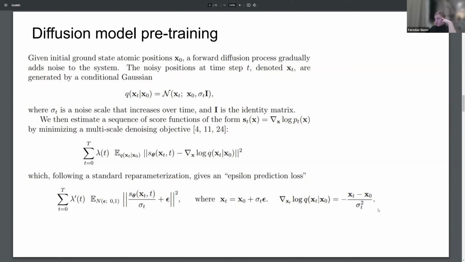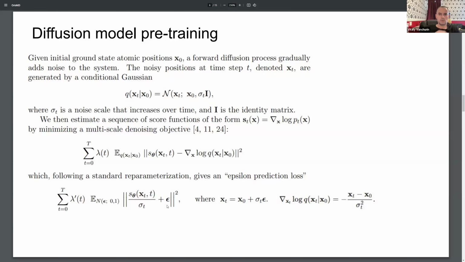Then taking the derivative, we have this linear thing, and if we know that xt is just the original system x0 with some noise added to it, then this derivative is nothing but the noise itself, up to a constant. So basically it's like a separate network, like in Stable Diffusion. It tries to learn the noise. Is that right? Yes. Okay.